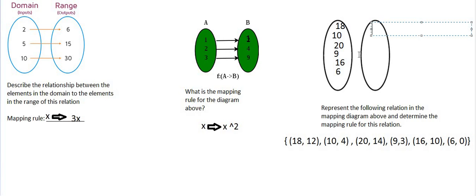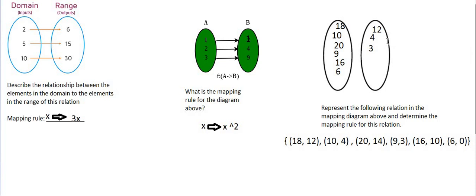Now let's put all of our y values in the range circle. So it's going to be 12, 4, 3... wait, did I miss one? Yes, I did. It's actually 14.